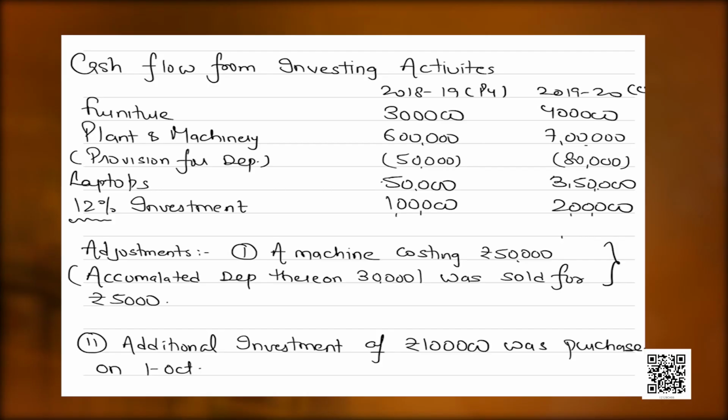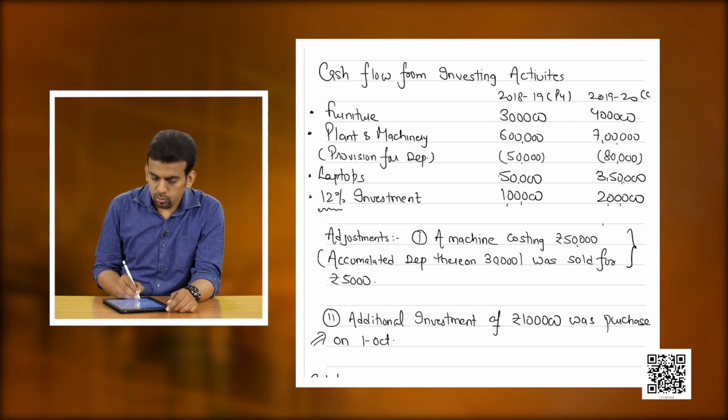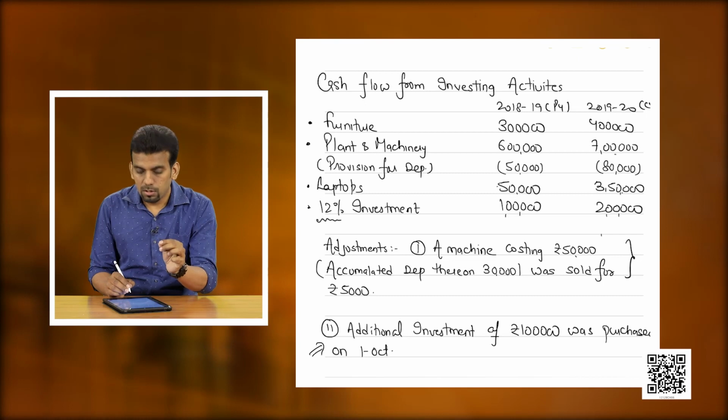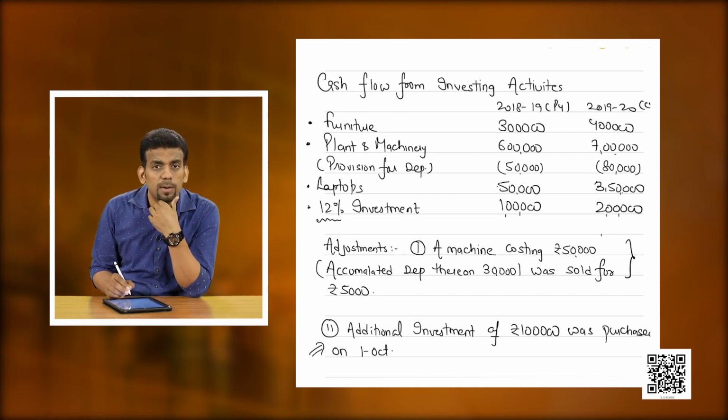Investments have increased from 1 lakh to 2 lakh. So it clearly says that there is an increase in the investment, and the adjustment says additional investment of rupees 1 lakh was purchased on 1st October. On 1st October means in the middle of the year.